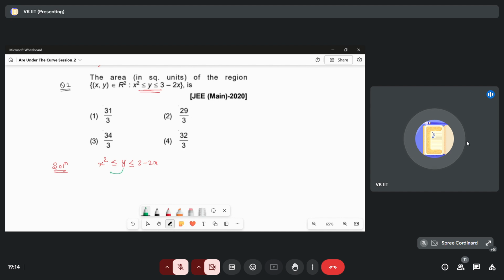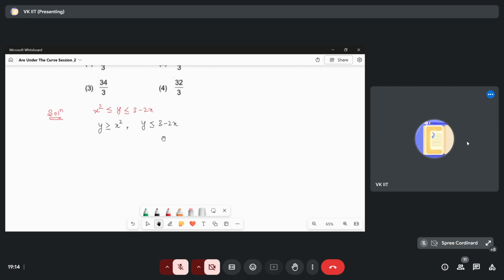So can you say that y is also related to this and y is also related to this? So we can say there are two curves here we have been given. One is y is greater than or equal to x square and another is y is less than or equal to 3 minus 2x. Isn't it? Since x and y both belong to real numbers, they will be positive real numbers.